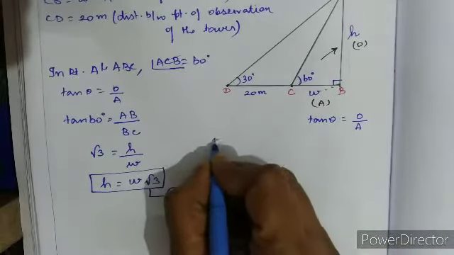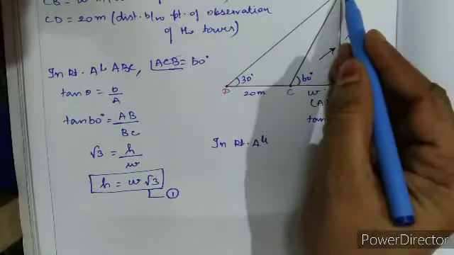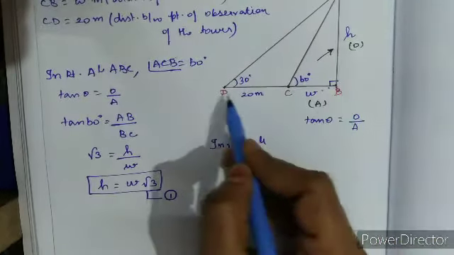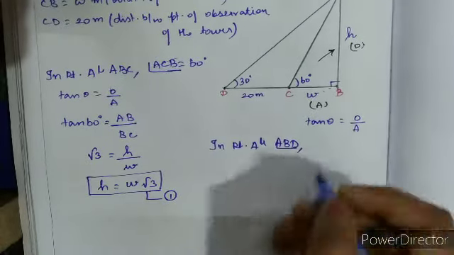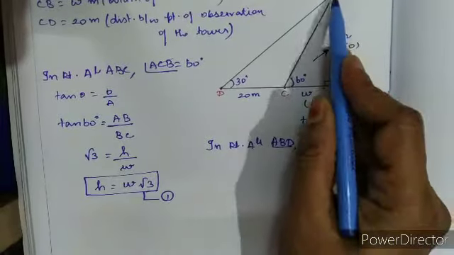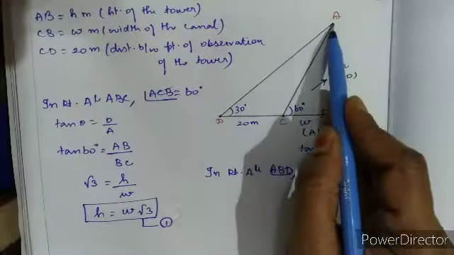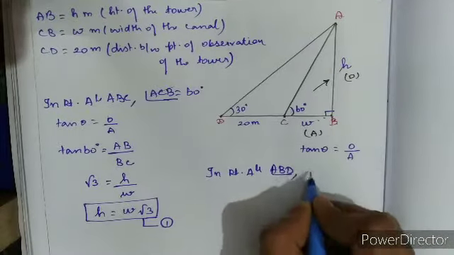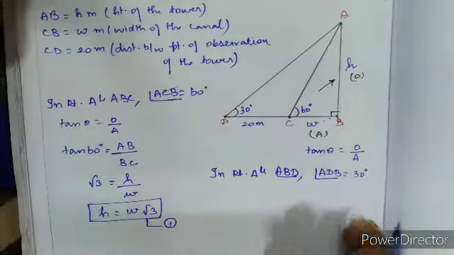Okay, see here, now I am going to consider the right triangle ABD. Angle ADB is equal to 30 degrees.